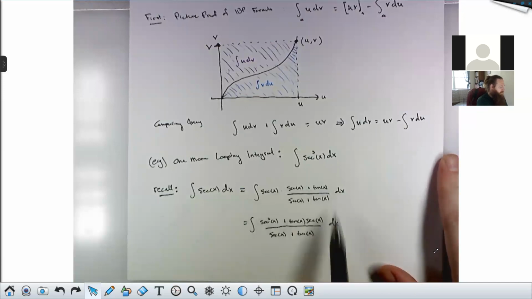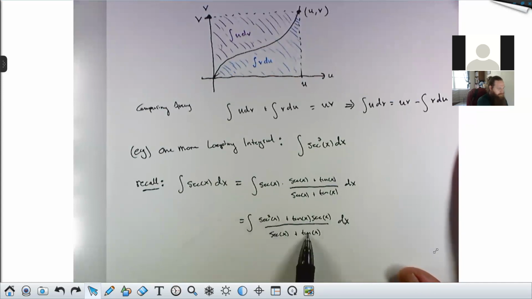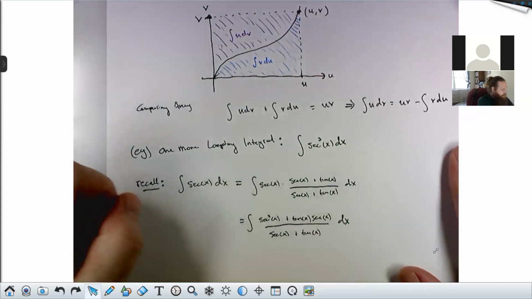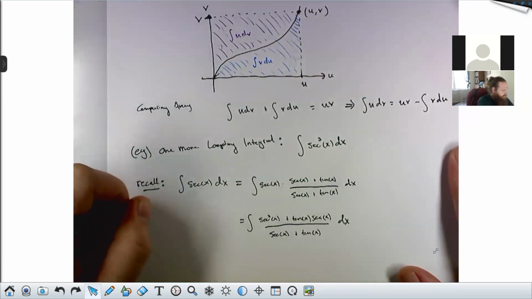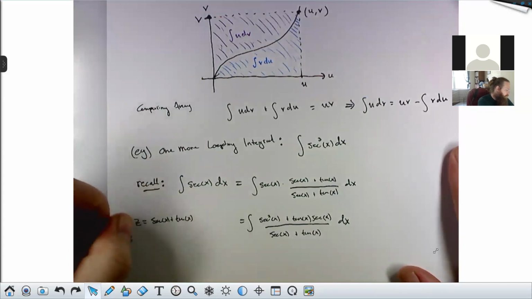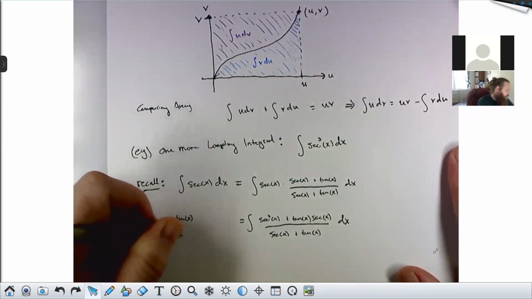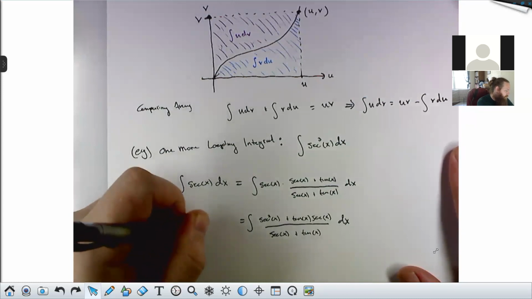So you multiply by (secant plus tangent) over (secant plus tangent), and then you stare at this for a minute and you realize secant squared, secant tangent, or tangent secant, those I've seen before. Secant squared is the derivative of tangent. Secant x tangent x is the derivative of secant. So you make the substitution. I'm going to use the letter z. z equals secant x plus tangent x. Because then dz is, what's the derivative of secant? It's secant tangent. The derivative of tangent is secant squared.